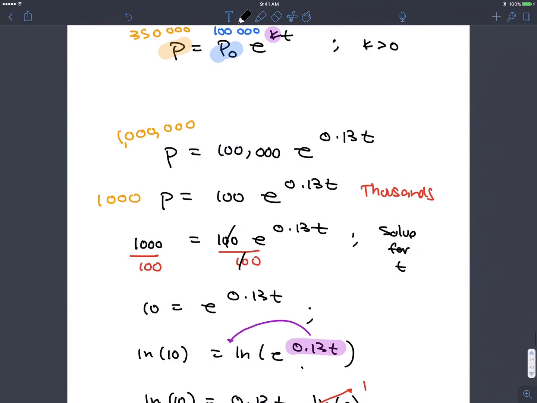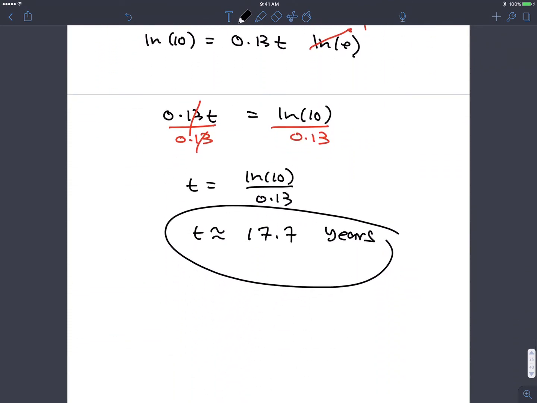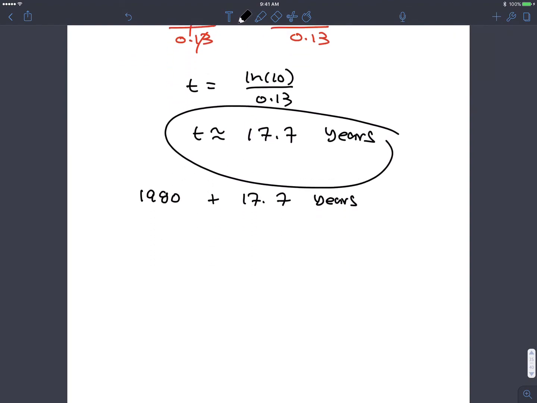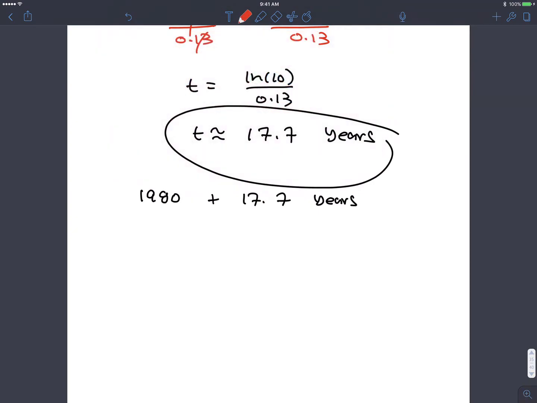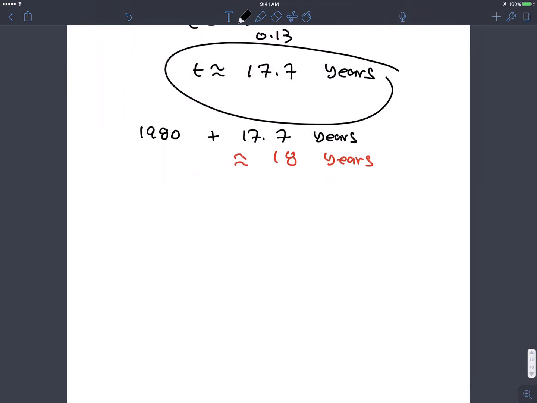So if we have to determine the year now, 1980 plus the 17.7 years is going to give us essentially, and it depends on how you want to look at this, if you want to approximate our years here to be about 18 to a whole number, the year is very crudely approximately 1980 plus 18, which is 1998.